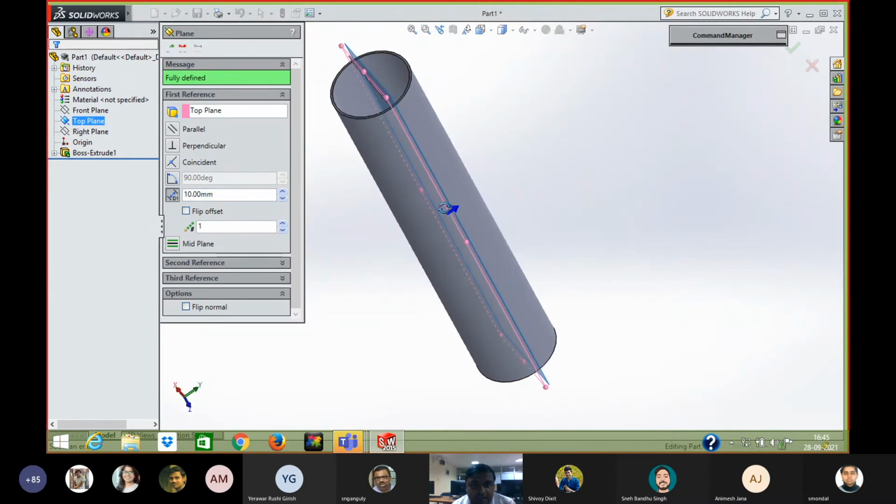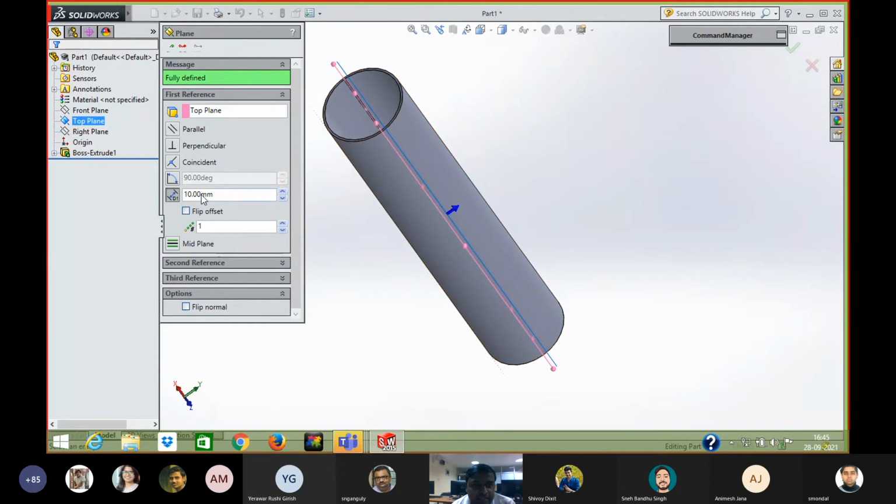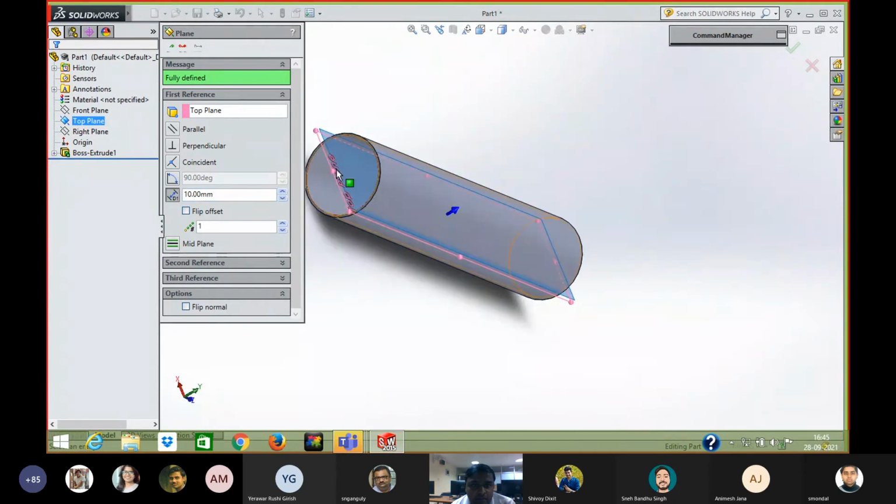Yes, see, this reference plane is showing 10 mm above the top plane. Okay, so you know this is the distance from the center to the upper side, meaning the outer shell diameter was 200 mm. So we can take more than 200 mm.